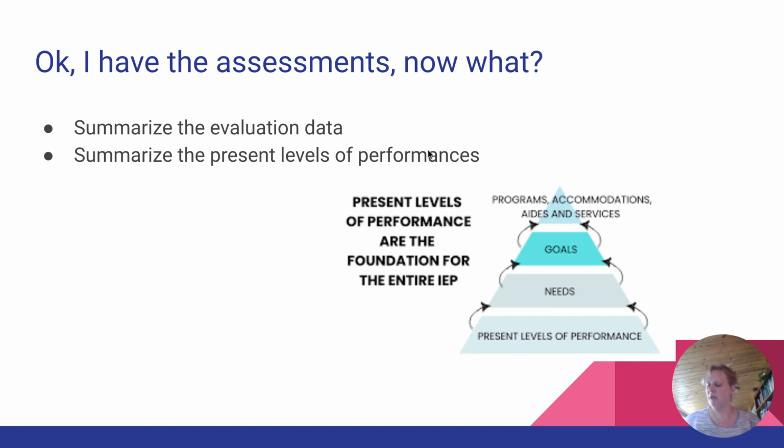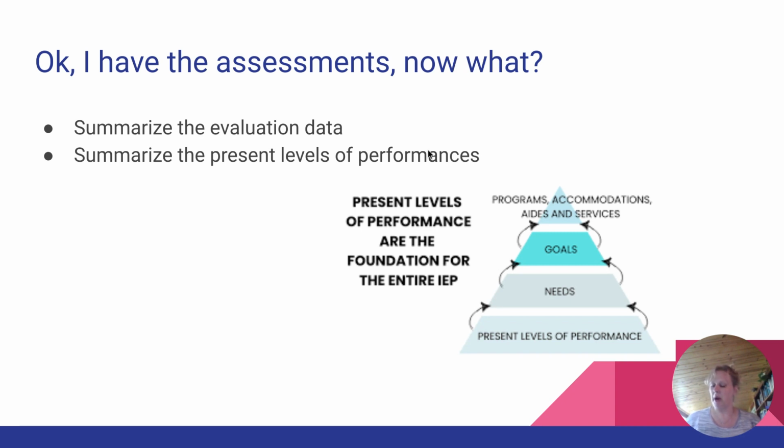The present level of performance should indicate a student's current level of functioning and how their disability impacts this area of their transition, in addition to the impact of this disability on their abilities in the general education classroom. The present levels of the student's performance will serve as the foundation in creating the IEP.